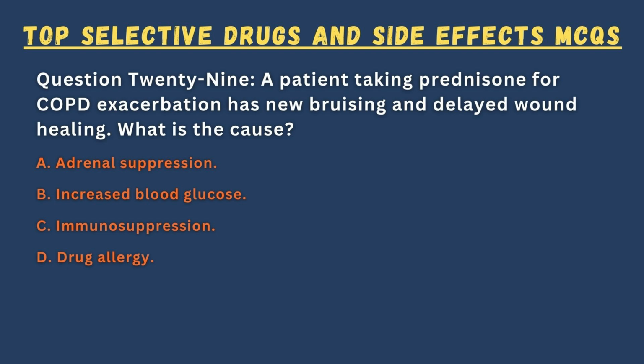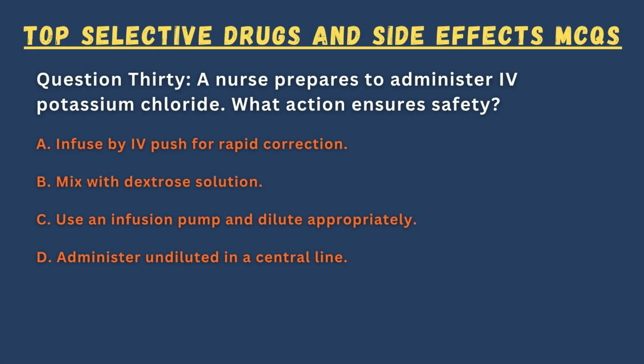Question 29. A patient taking prednisone for COPD exacerbation has new bruising and delayed wound healing. What is the cause? A. Adrenal suppression. B. Increased blood glucose. C. Immunosuppression. D. Drug allergy. Answer: C. Immunosuppression. Question 30. A nurse prepares to administer IV potassium chloride.